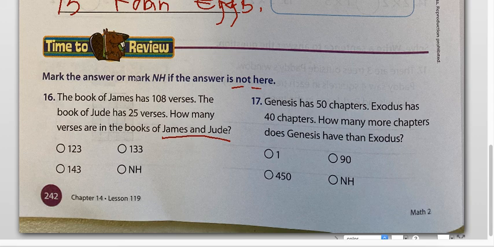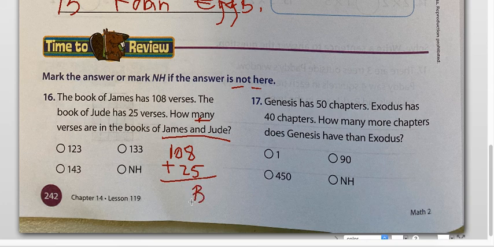That means that we are going to plus. So we're adding, that's a plus sign, 108 plus 25. What is 8 plus 5? 13. Should I write 13 here? No. We only write 3. Very good.